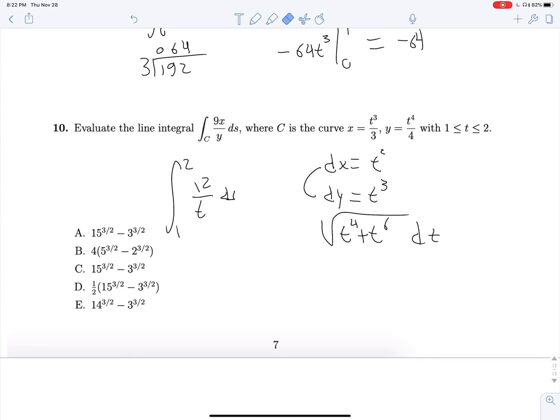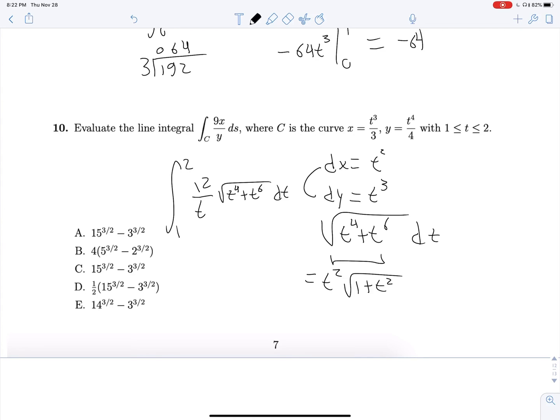And we said a second ago we can replace this ds with root t to the fourth plus t to the sixth dt. And this still looks pretty ugly, but it's actually okay because we can take this thing right here, factor a t to the fourth out of everything, and this thing will be equal to t squared root 1 plus t squared.